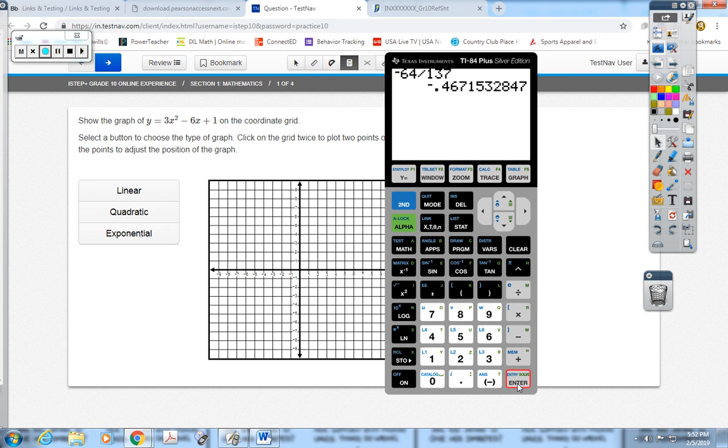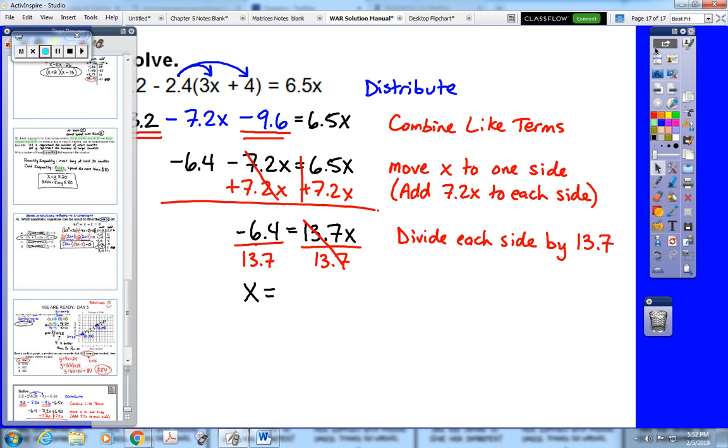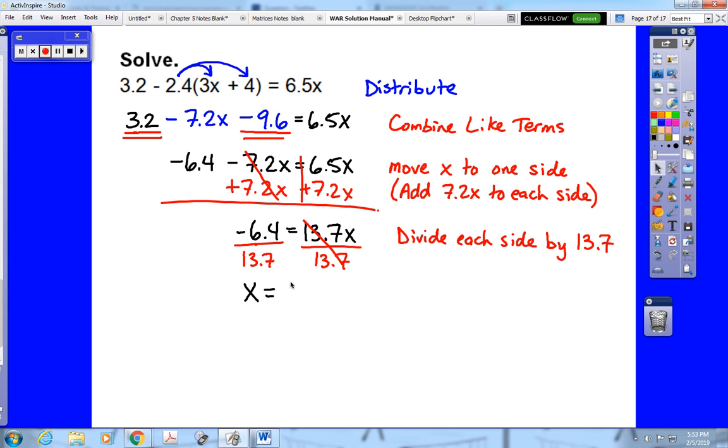You need to convert that decimal into a fraction. And the way that you do that is you hit the math button. You hit math, and you see this arrow fraction. Hit enter. That will change the answer into a fraction. In this case, negative 64 over 137. That is not a great fraction, but it is better than the decimal that we had in the calculator.